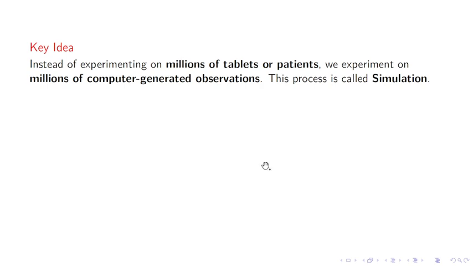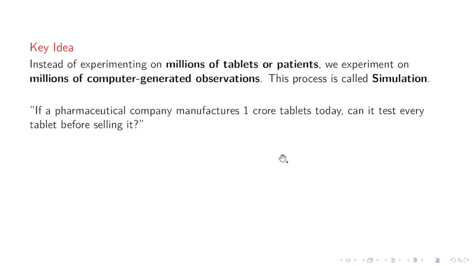The key idea is, instead of experimenting on millions of tablets or patients, we just experiment on millions of computer generated observations. This process is called simulation. If a pharmaceutical company manufactures 1 crore tablets today, can it test every tablet before selling it?